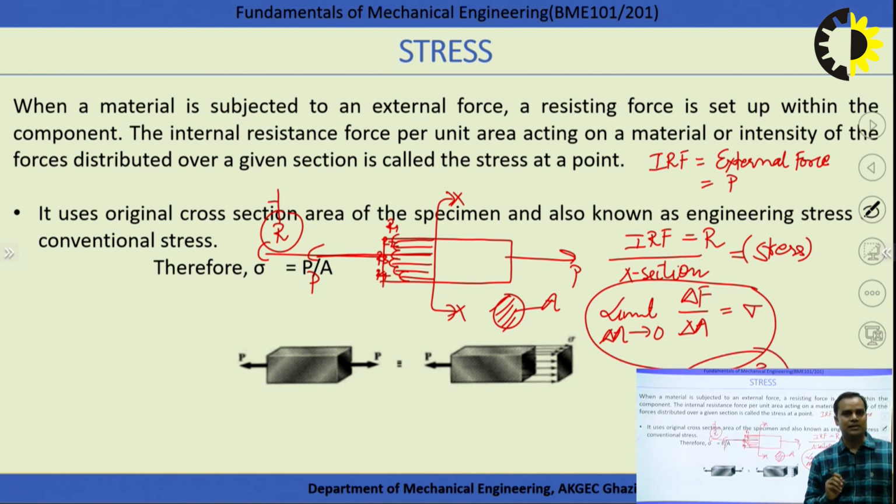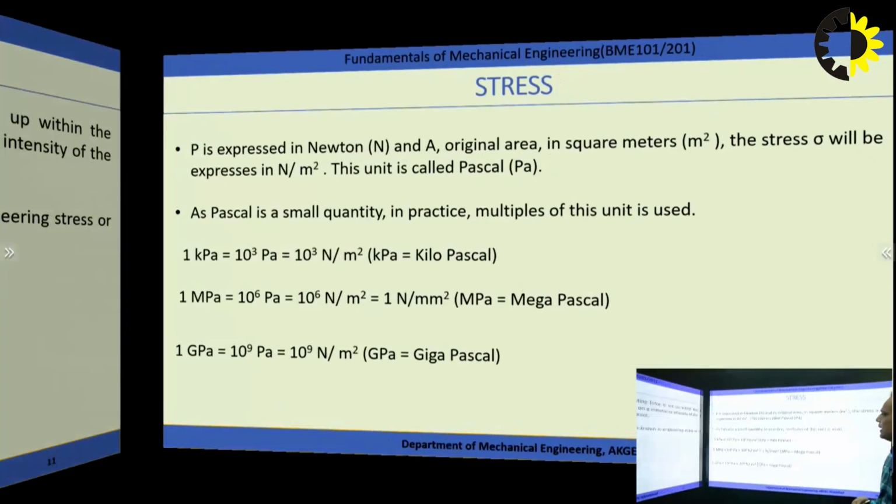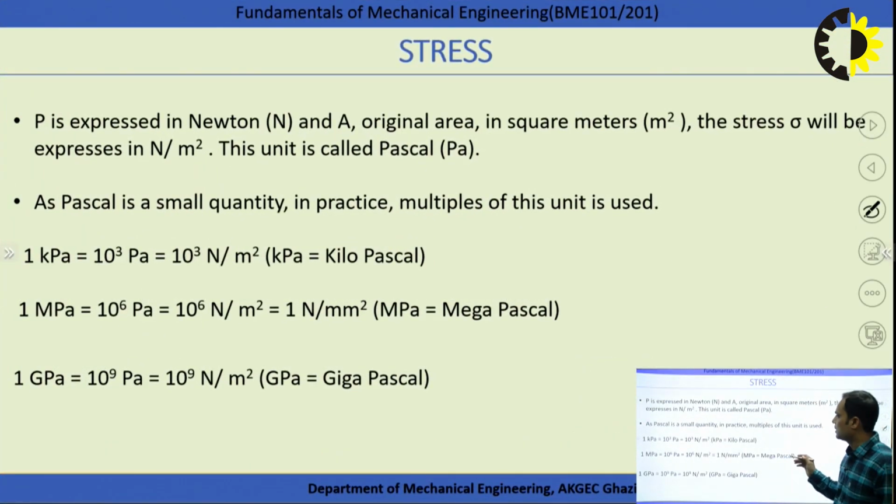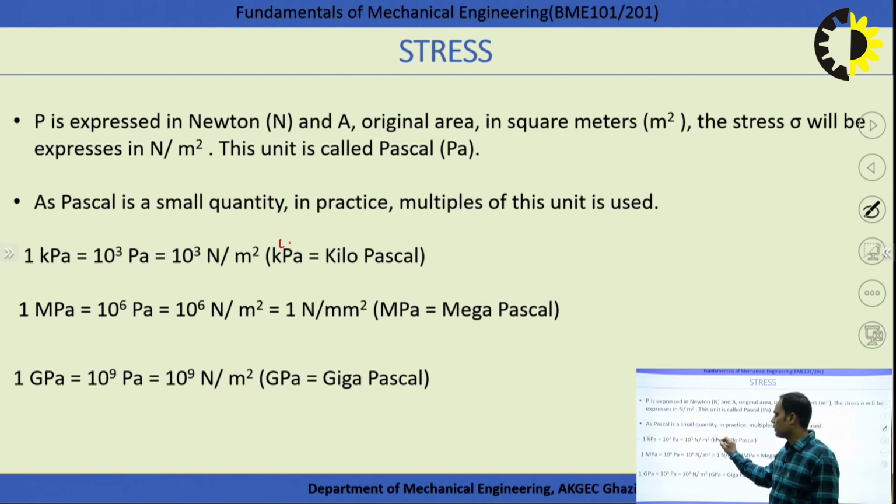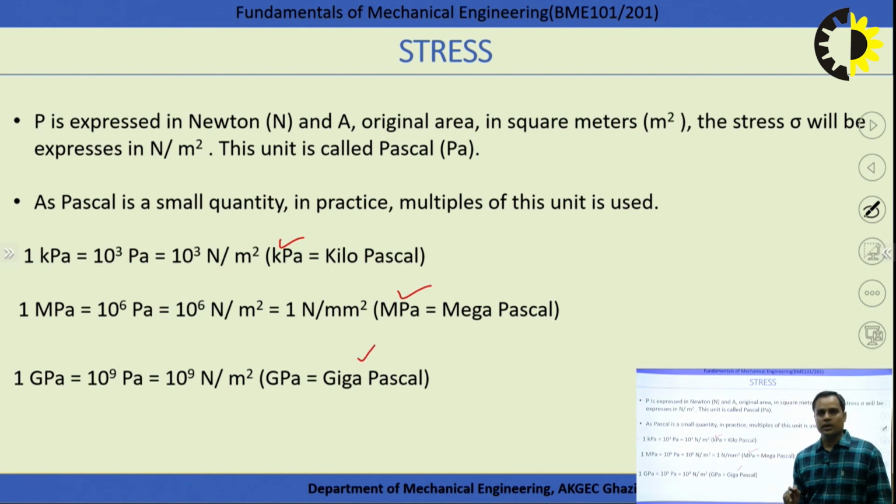So stress is the internal resistance force per unit cross-section area, and numerically we consider the internal resistance force equal to the externally applied load, right? The unit of stress is Newton per meter square. It is also known as the Pascal, and this Pascal is a very small unit of stress. That's why generally it is represented in kilopascal, megapascal and gigapascal, right? So I hope stress is clear.